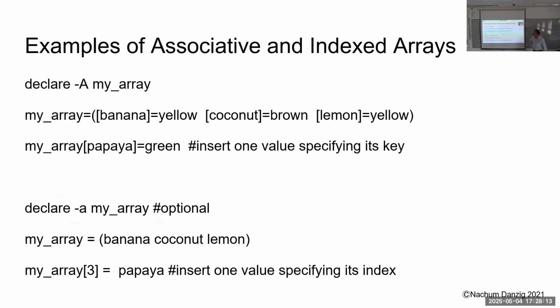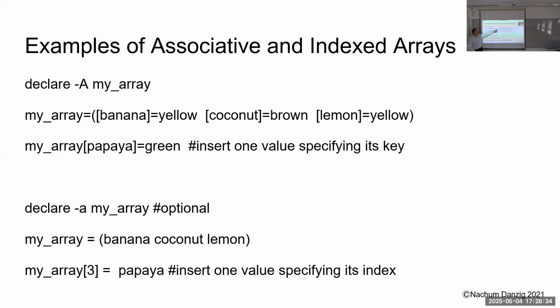So here, let's see an example right away of an associative array, because that's the one you maybe don't know. I can say declare minus capital A myArray, so it's an associative array. Look how it looks. Banana equals yellow. What this means is the index is banana, and the value is yellow.